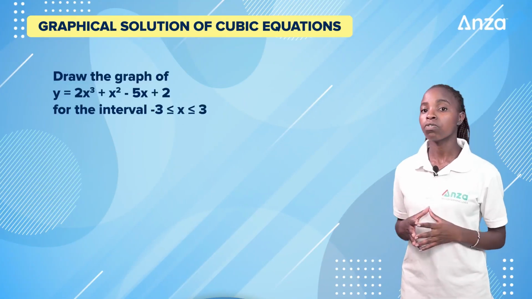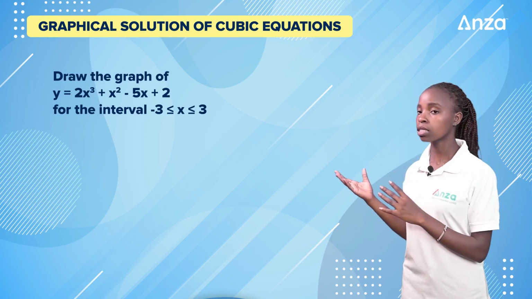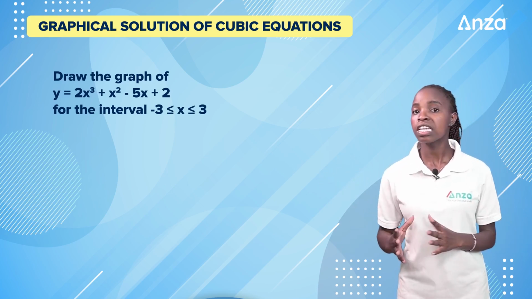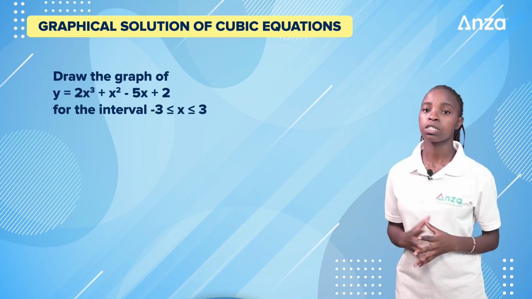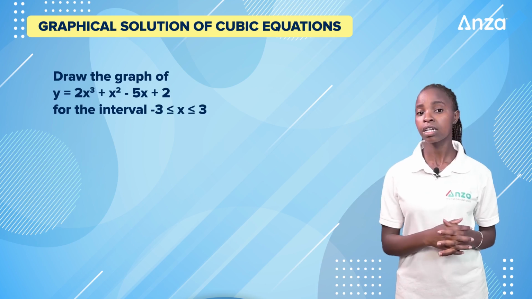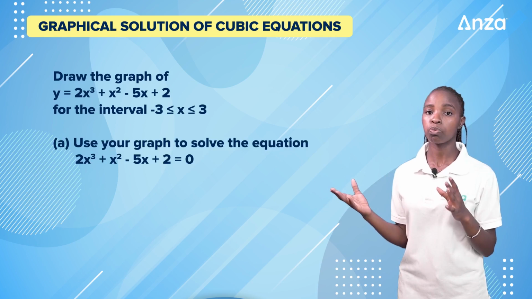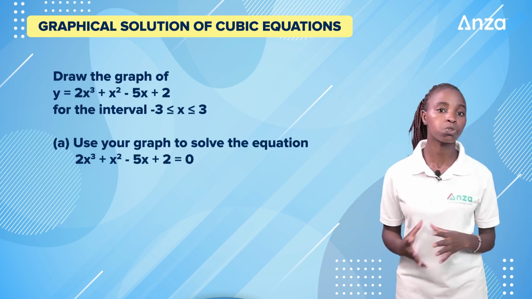Draw the graph of y is equal to 2x cubed plus x squared minus 5x plus 2 for the interval of x ranging from negative 3 to positive 3. Then, use your graph to solve the equation 2x cubed plus x squared minus 5x plus 2 is equal to 0.